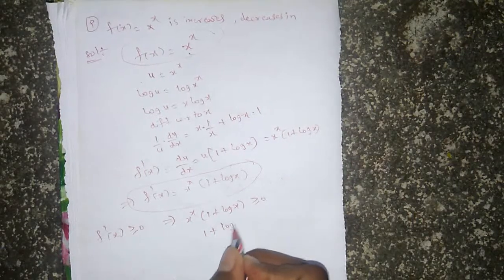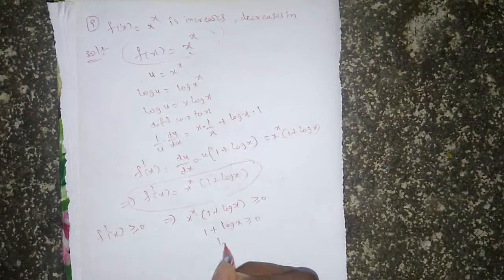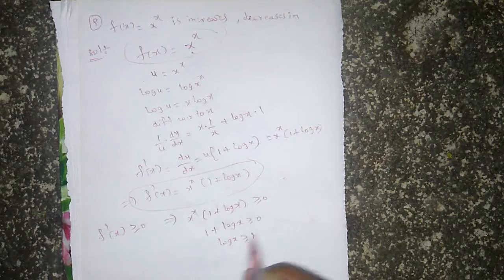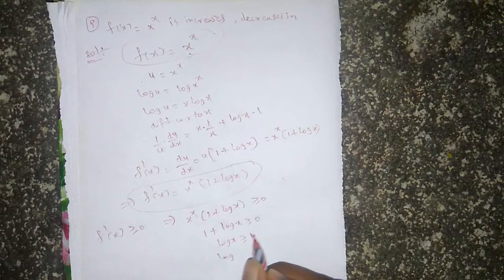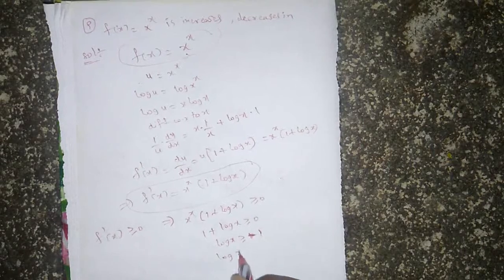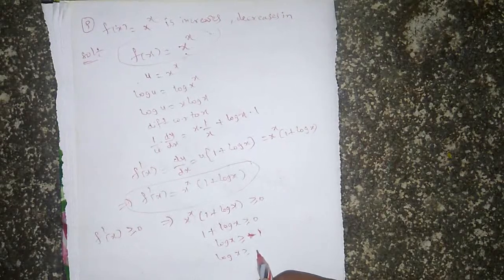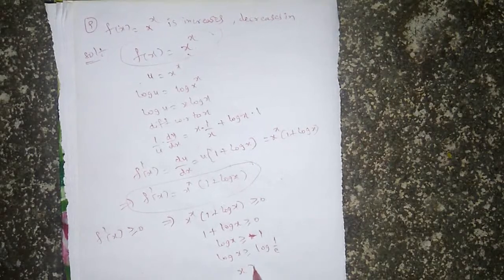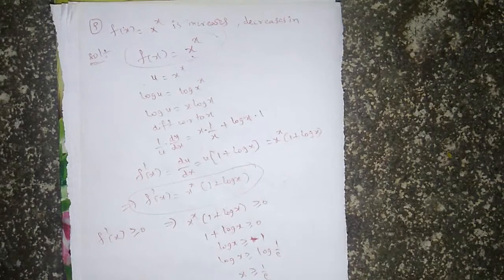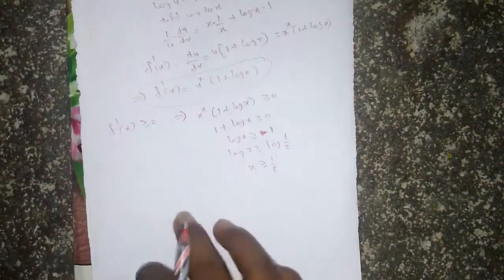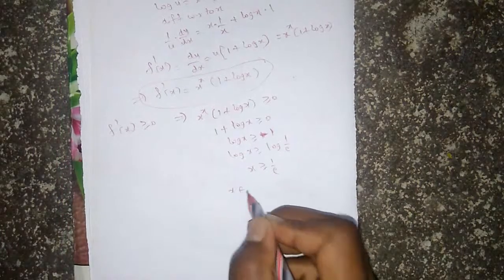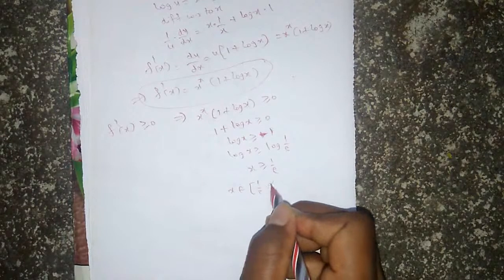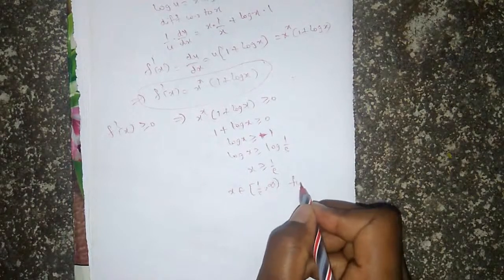Here 1 plus log x greater than or equal to 0, so log x greater than or equal to minus 1, which we can write as log of 1 by e. Therefore x is greater than or equal to 1 by e, that is x belongs to [1 by e, infinity), the interval in which f of x increases.